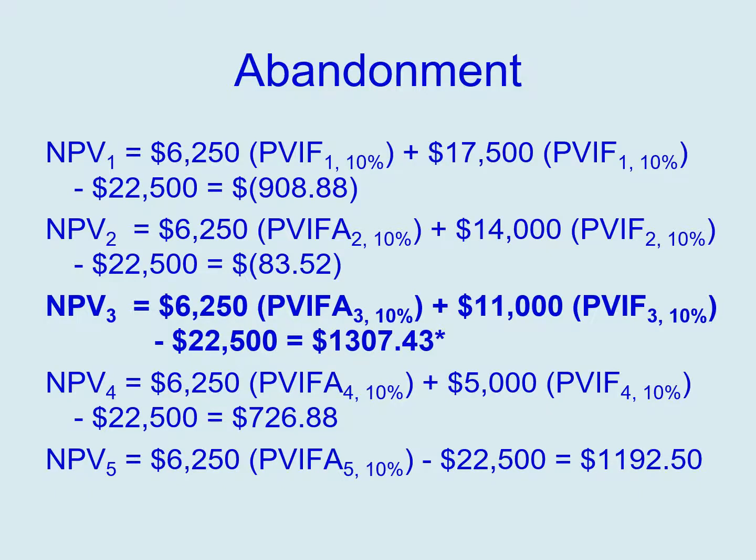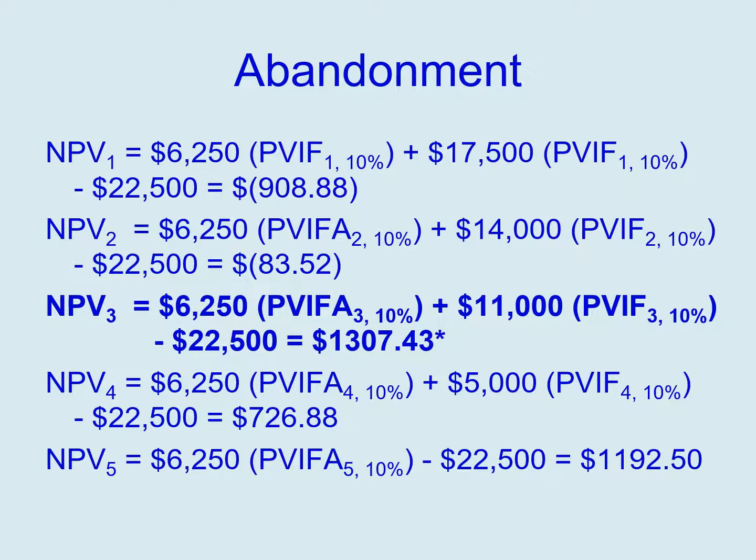So here you can see the first calculation is the net present value if we abandon after year 1. If we abandon after year 1, then we will have only received 1 year of cash flows of $6,250, and then we assume we'd receive $17,500 in salvage value minus our initial investment, gives us a negative NPV of a little over 900.